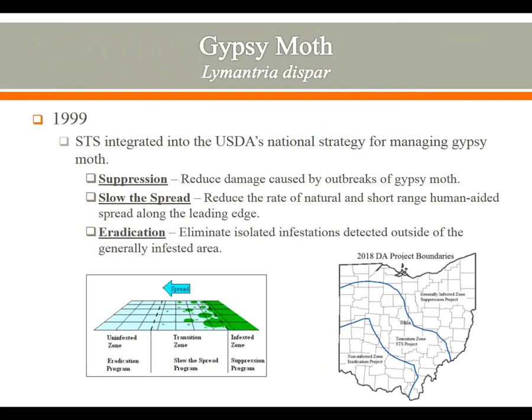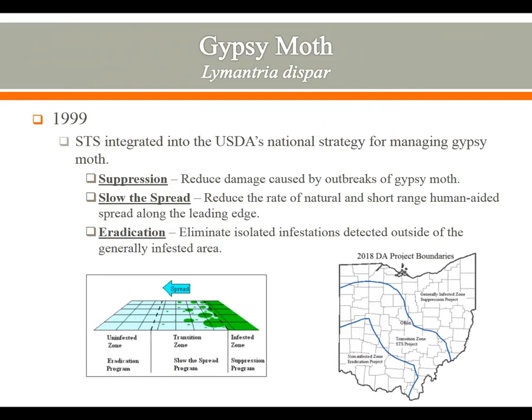Slow the spread is the barrier zone where we are actively trapping and delimiting to isolate populations and try to take care of them before they become too large. And that's what we're working on very hard to reduce that natural spread.